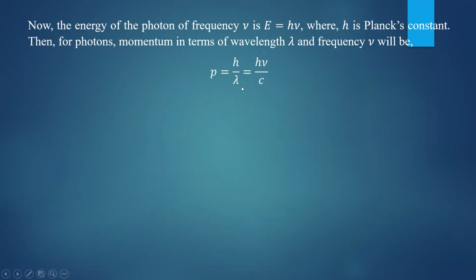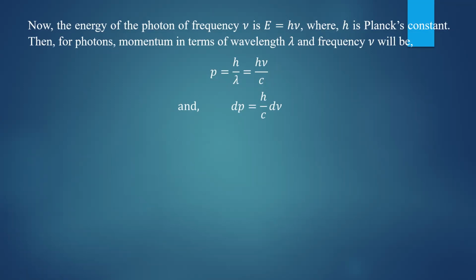That is always true; if you go to quantum mechanics, you will study that. But here, believe me, the momentum of the photon p is given by h divided by lambda, where h is Planck's constant and lambda is the wavelength of radiation. Now you can express this lambda as c by nu. Wavelength lambda is always equal to c by nu. So you can get this momentum p equal to h nu by c.